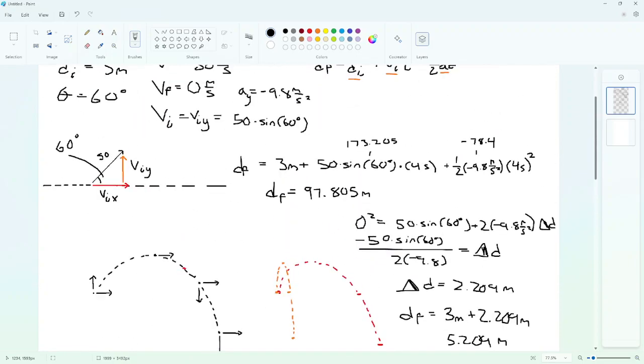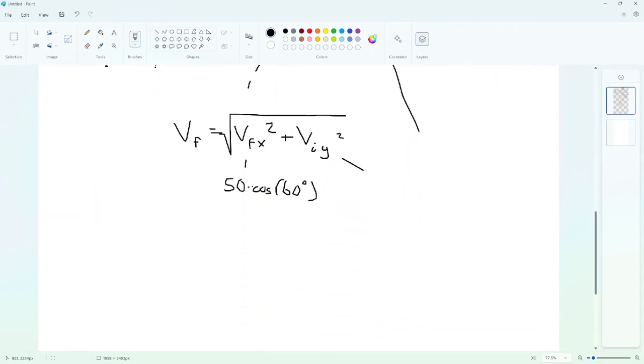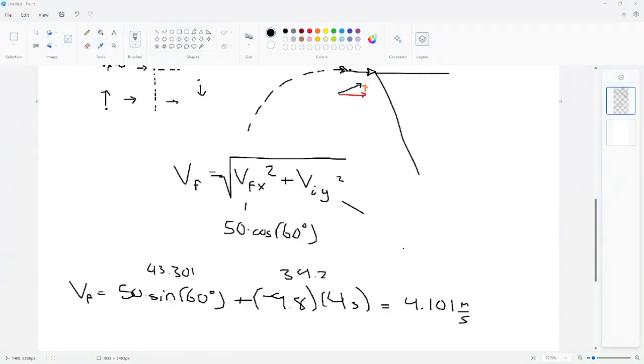So how do we calculate our final y velocity? Well, we know our initial velocity, we know our acceleration, and we know the time it takes to do that. So that's just going to be this equation right here, because we have here, here, and here. So let's go ahead and solve for that. Velocity final is going to be equal to our velocity initial, v times sine of 60 degrees, plus negative 9.8 times 4 seconds. This is going to give us a final velocity of 4.101 meters per second.